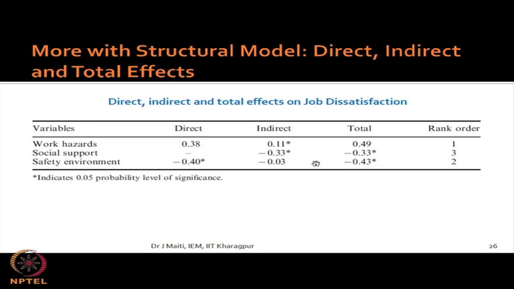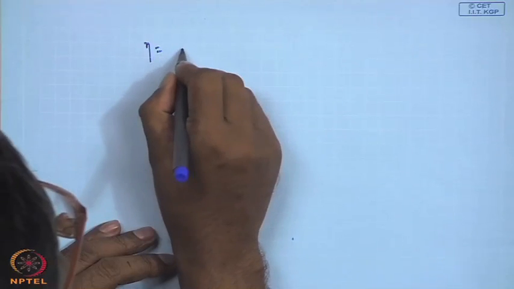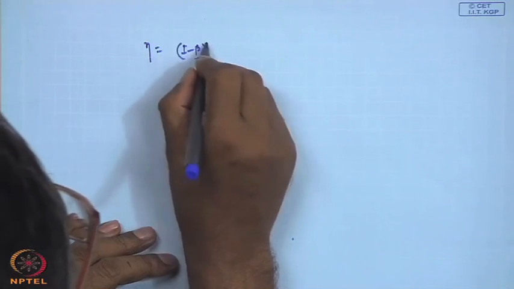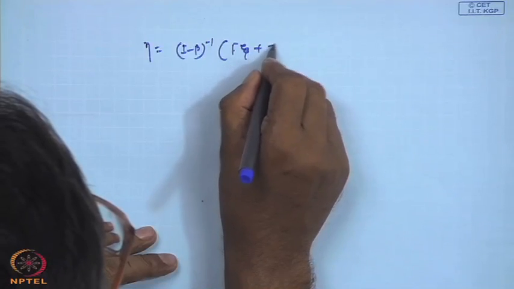Apart from this, I want to tell you one more issue. Suppose I do not go for the measurement and structural model separately, but for only one model, all measurement and structure simultaneously. Then you will have an equation like this: eta equals I minus beta inverse, gamma xi plus zeta.